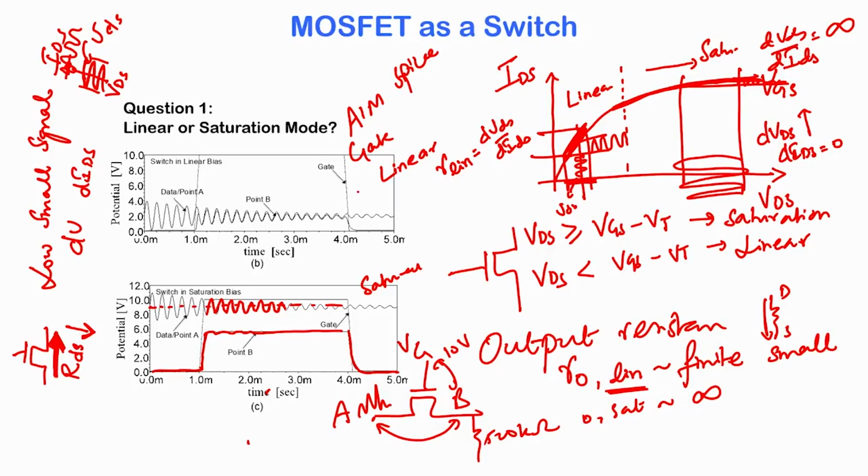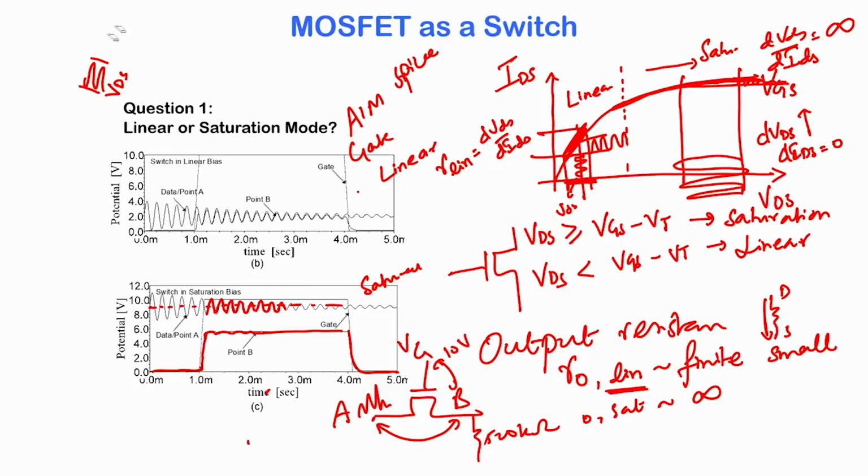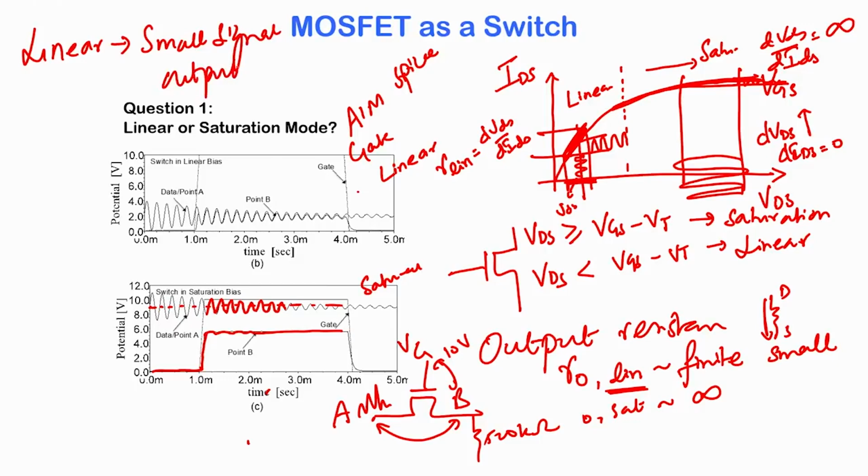This is a very illustrative example showing that we need the MOSFET to be in linear mode operation, because it will have a low output impedance in linear mode. So, this is the summary. In linear mode operation, the small signal output impedance of the MOSFET is very low, and in saturation mode operation, the small signal output impedance of the MOSFET is very high.